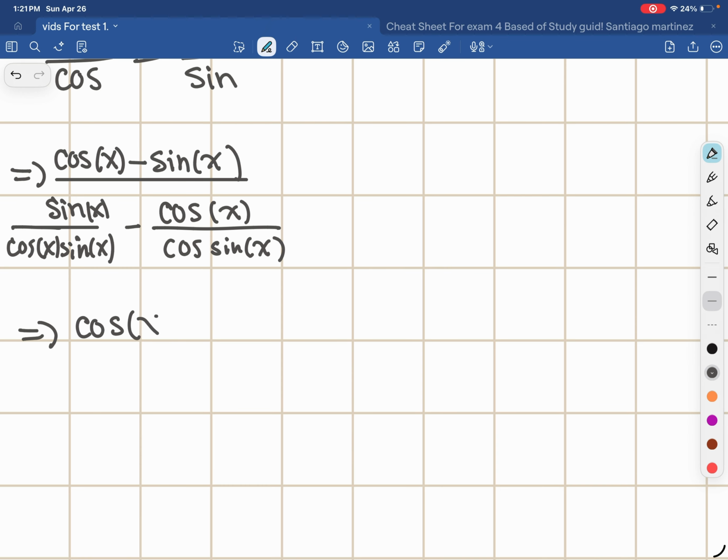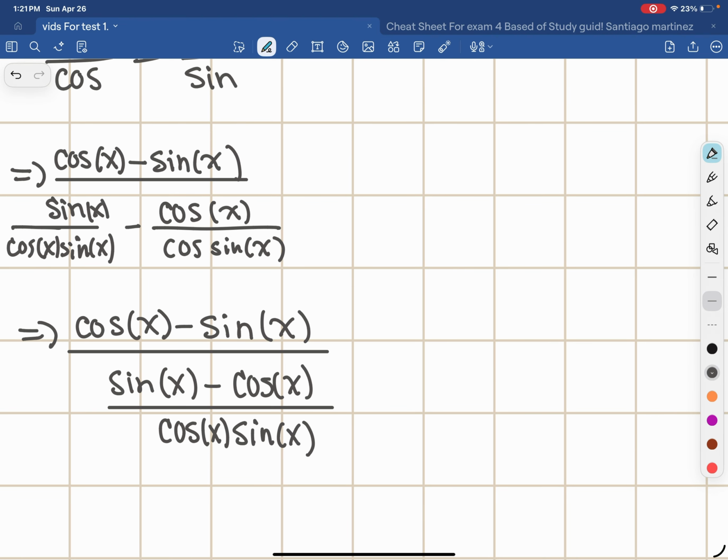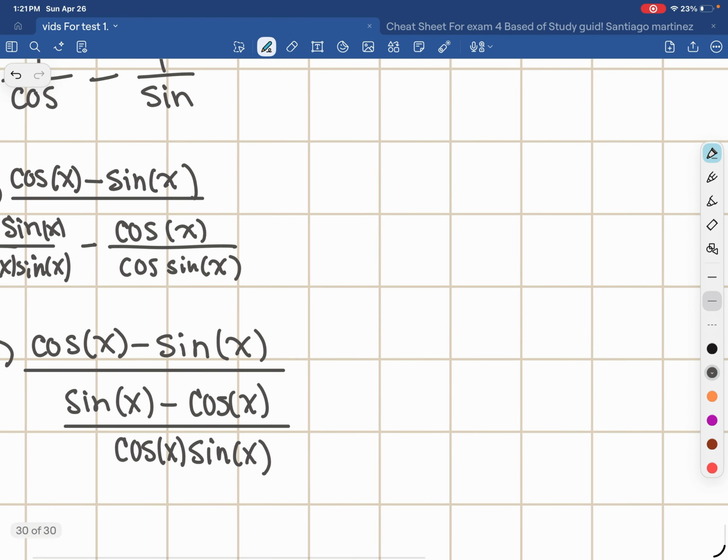Cosine, this is the top, over sine x minus cosine x over cosine x times sine x.